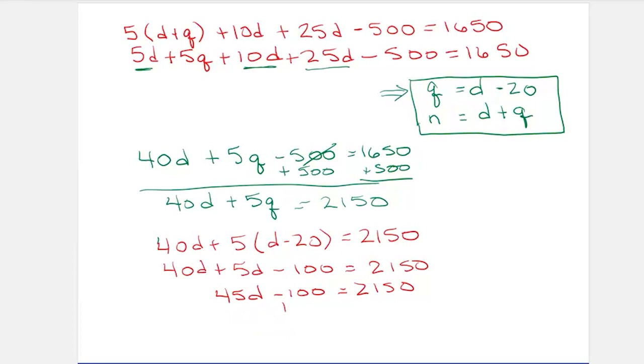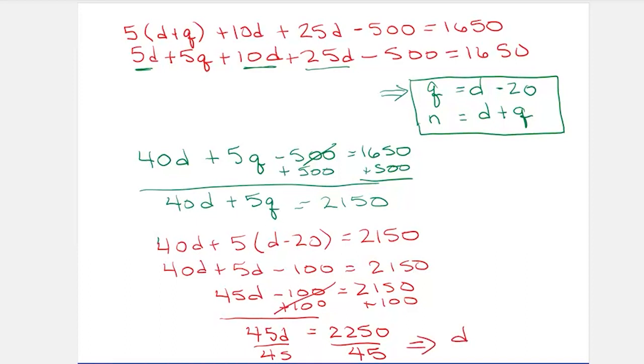These cancel, and I get 45D is equal to 2250. Now I divide both sides by 45, and I get D is equal to 2250 divided by 45.